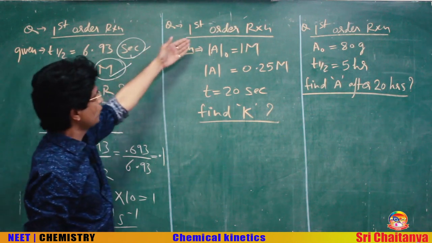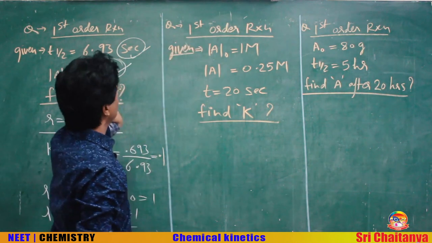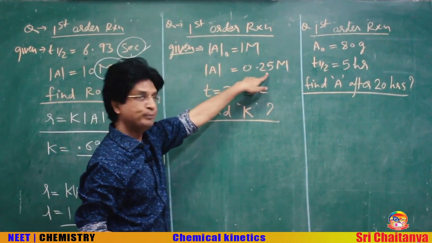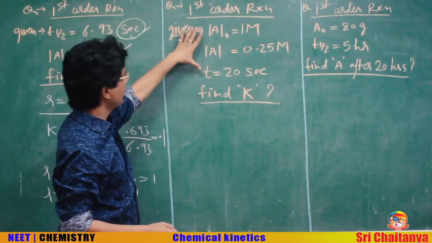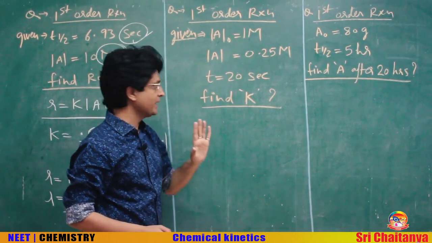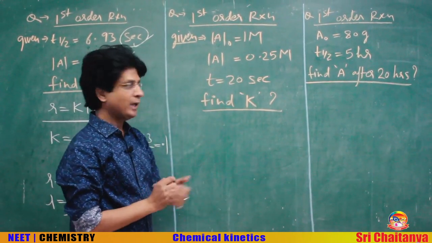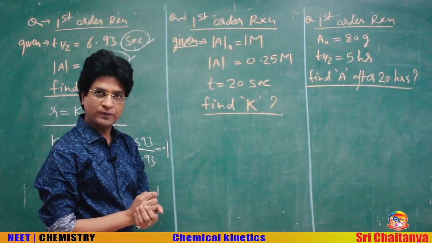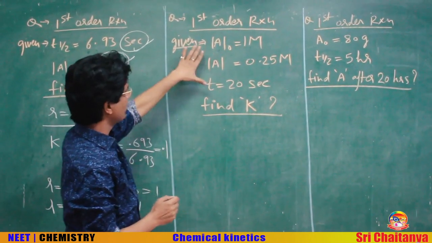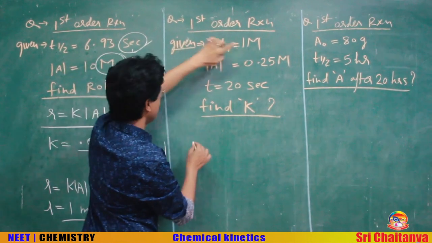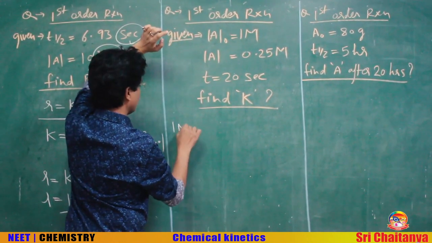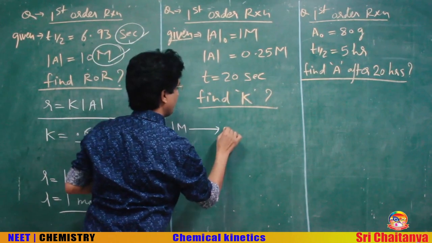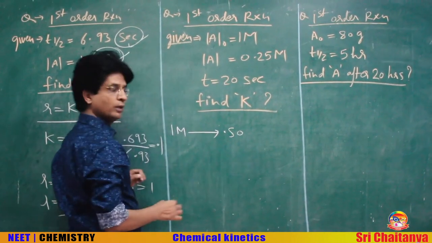Now come to the second question, again for first order reaction. Here they have given you initial amount 1 molar, final amount is given as 0.25 molar. Time taken is given as 20 seconds. They are asking you to find K. Now to find K, I should know the half-life. So if you focus on this question, if I begin with 1 molar, after 1 half-life, it will be 0.50.